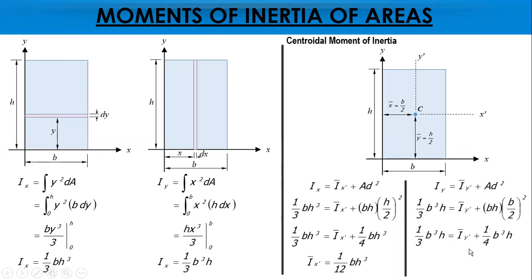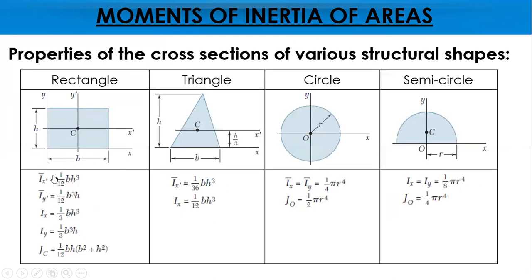Then simplify, and then transpose. Same coefficient, 1 over 12, and the exponent is b cubed instead of h cubed. So we can check all of these with respect to the base and with respect to the centroid.